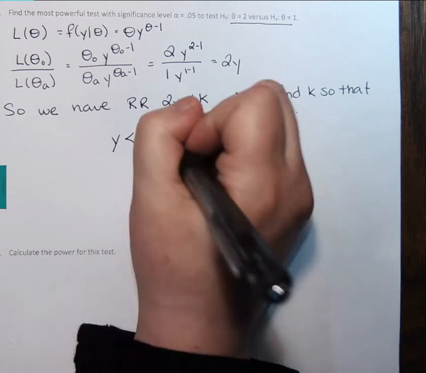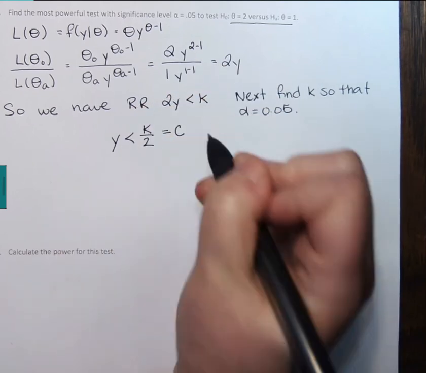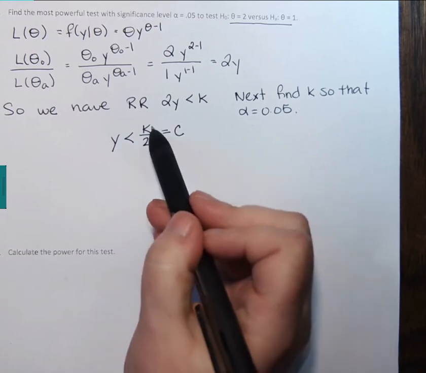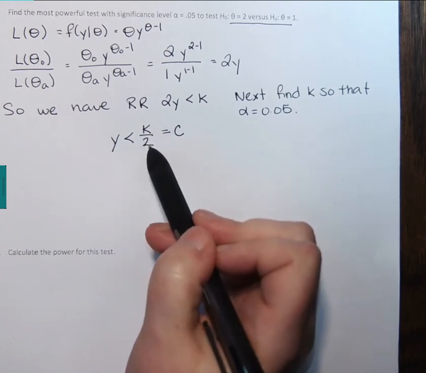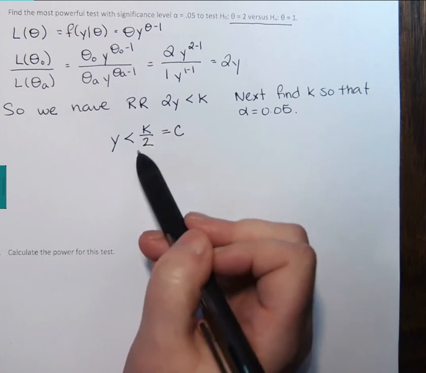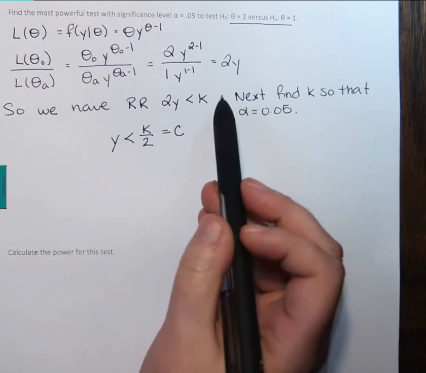So instead of writing that as k is equal to 2, we're just going to call it c, because it's some constant, and that constant is going to be determined by alpha. So in general, when you work these problems, you might have to do quite a few different operations to get y by itself, but whatever you do over here on the right, you just keep track of it as c because it's a constant. We don't really worry about the original k.